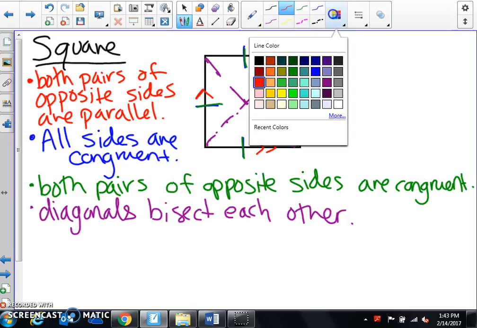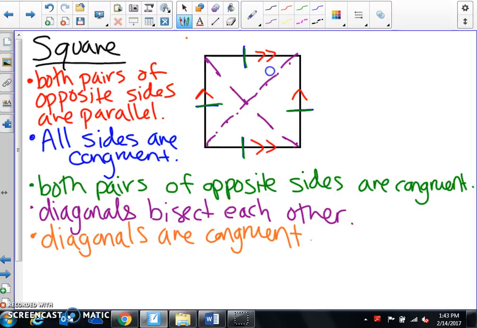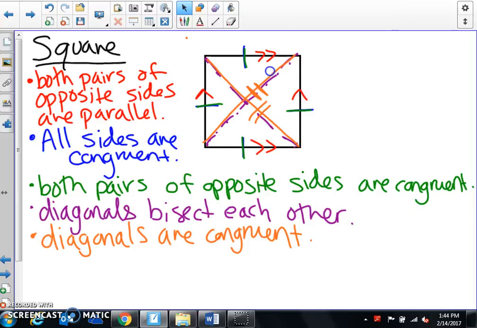The next thing that we know about squares is that diagonals are congruent. Again, the diagonals are equal. So this diagonal here is congruent to that diagonal there. Okay? So if I take a square and I say, okay, meet me on the other side, and then someone does the exact same thing, it's the exact same path, essentially.